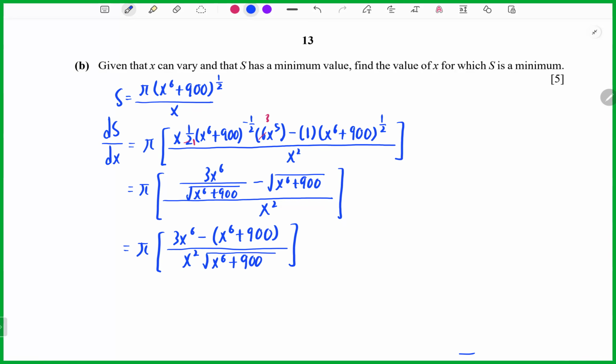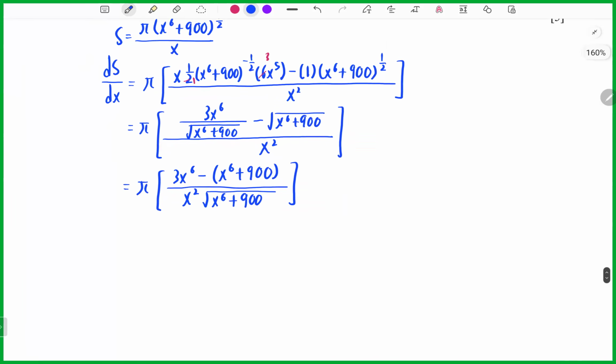So I can now do minus, and we get 2x power 6 minus 900 over x squared. So we already simplify in this way.